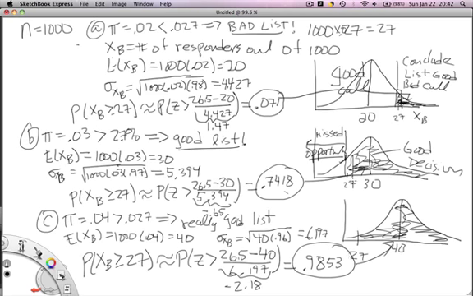In the previous part, the magnitude of the difference that we were trying to detect was pretty small. 3% versus 2.7% is only 0.3%. It's going to be really hard to detect that, and consequently, we see that the chance that we come to the right decision is a bit smaller. It wouldn't be a bad idea to find these using BINOM.DIST in Excel and get the exact probabilities as well.